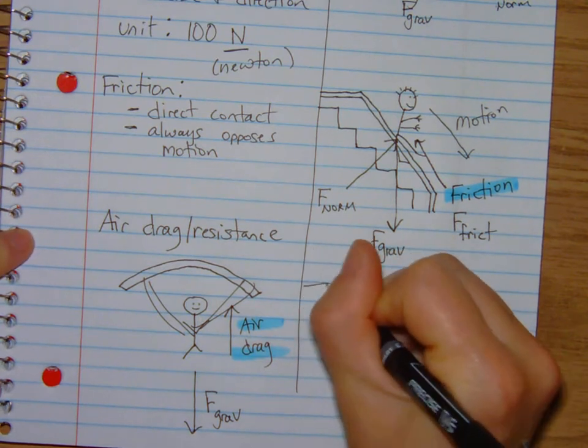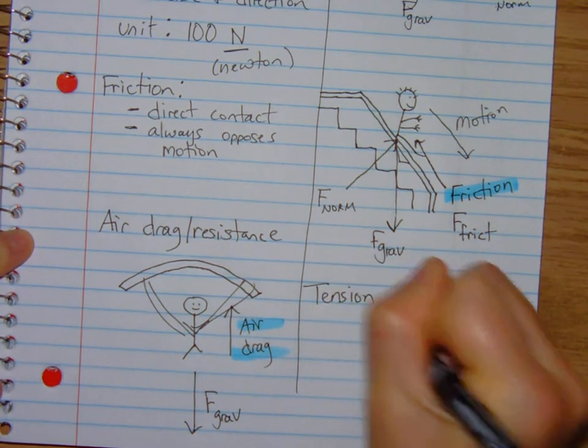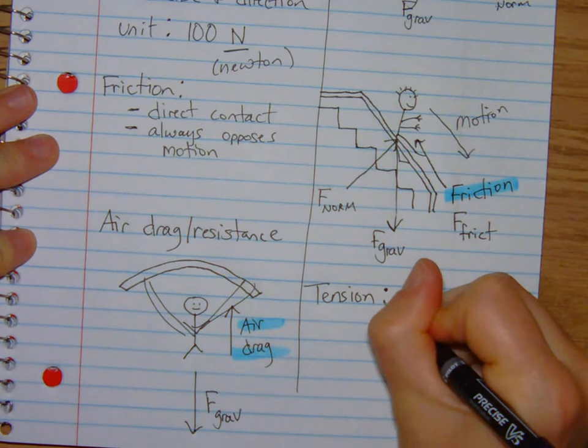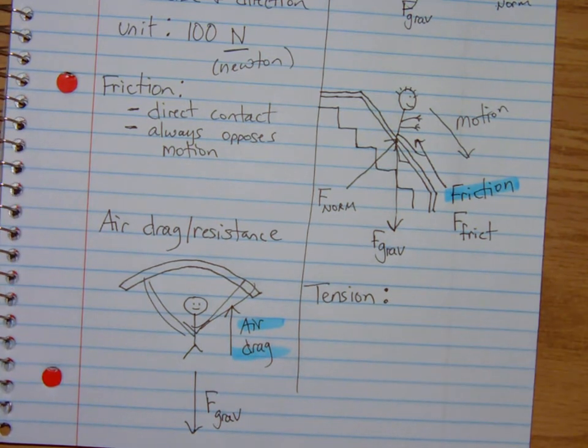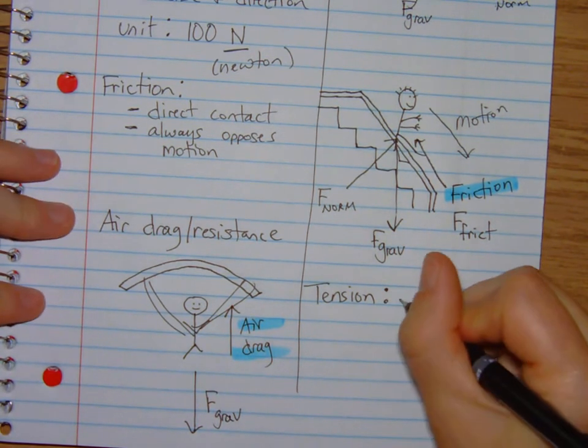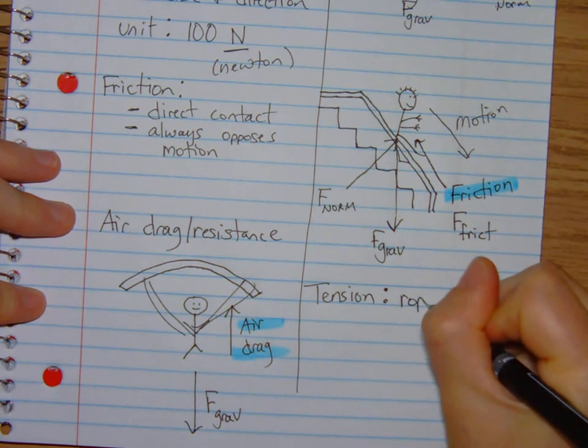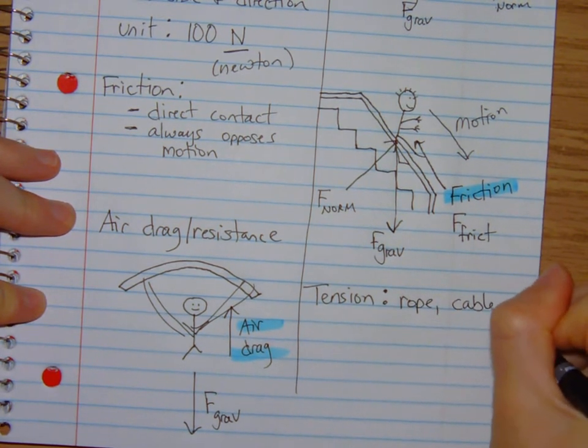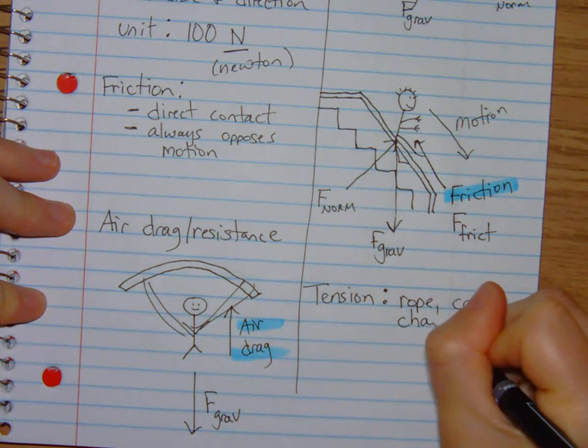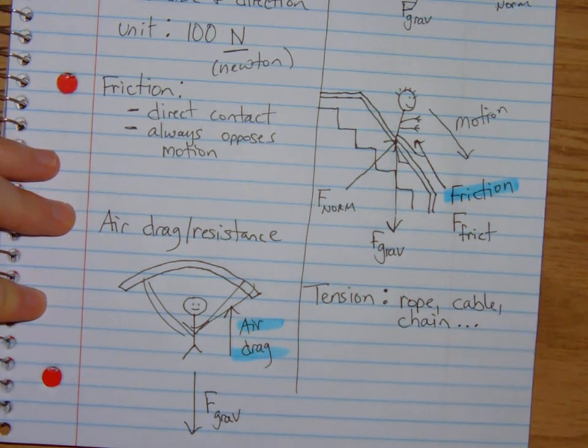And the last force we're going to worry about here today is called the force of tension. It's not the type of tension of, I've got a test today. Not that kind of tension. It's the tension in a rope, a cable, a chain, something like that.